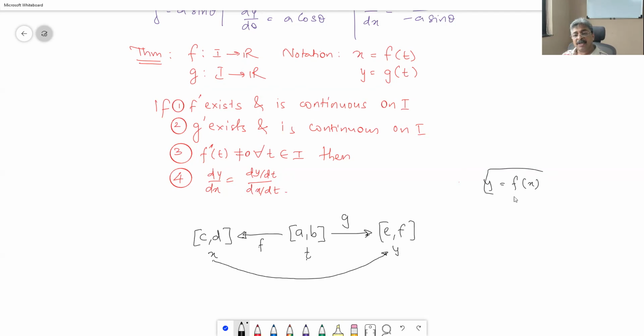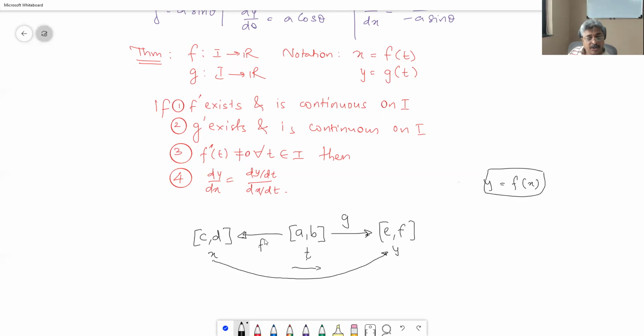That is our explicit definition of a function. So we want x to be going to y, so it is going to be a composition, and if it is going to be a composition, then these two arrows must be facing this side, right?